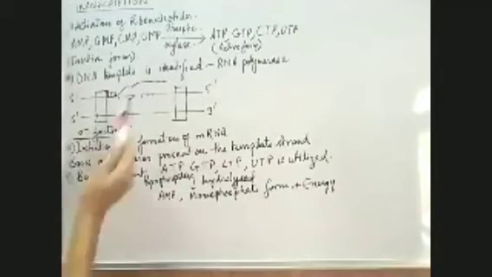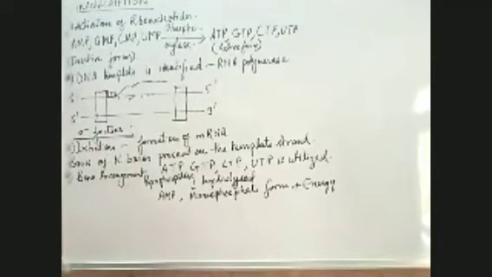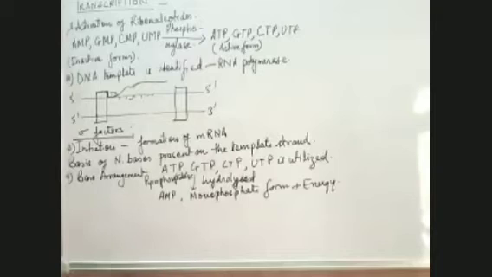This is not connected with the transcription unit. There is no bond formation between messenger RNA and the template strand of DNA. So we will not use the word base pairing. This is the base arrangement which has taken place. And as a result, for the formation of this messenger RNA, the energy is utilized by the hydrolysis of the triphosphate, when these triphosphates are converted into monophosphates with the release of energy.